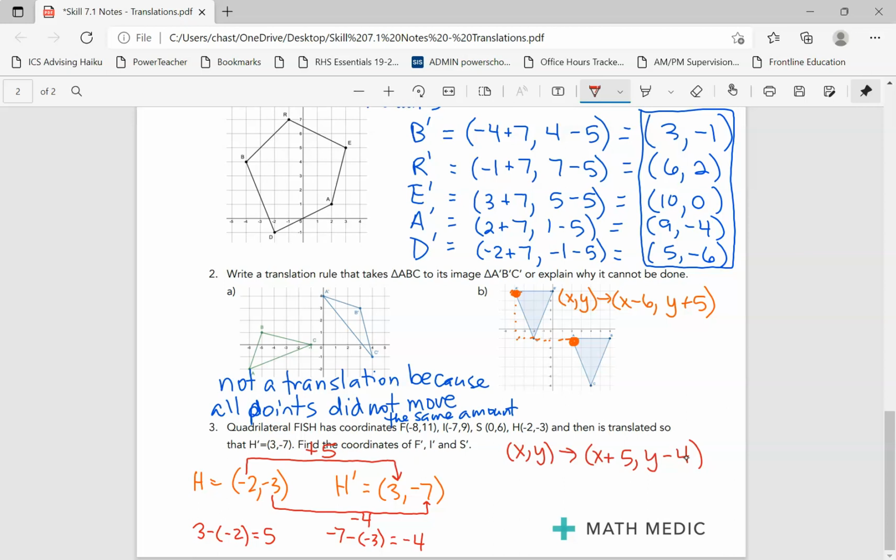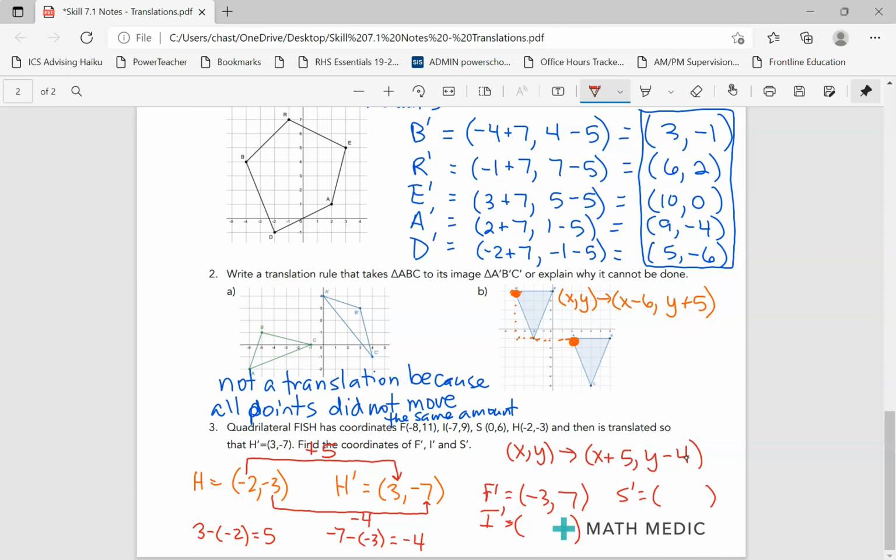So now we find F prime, I prime, and S prime. So for F prime, let's see, F was -8. When I add 5 to that, I get -3. 11 minus 4 is 7.